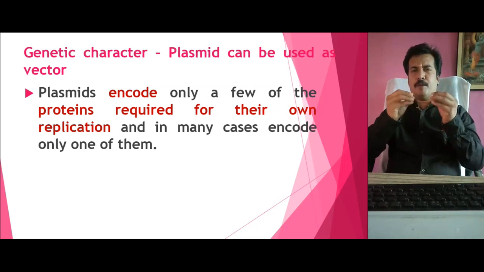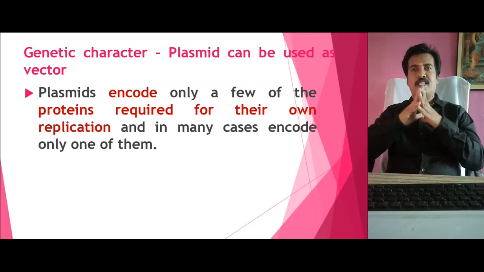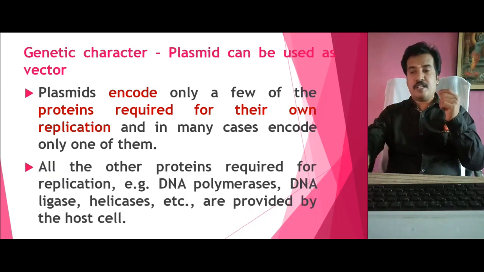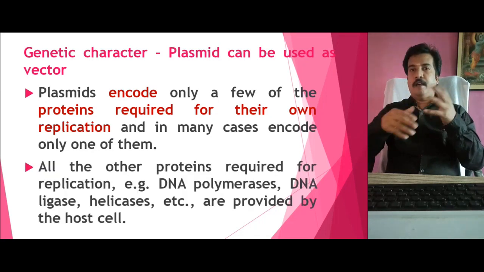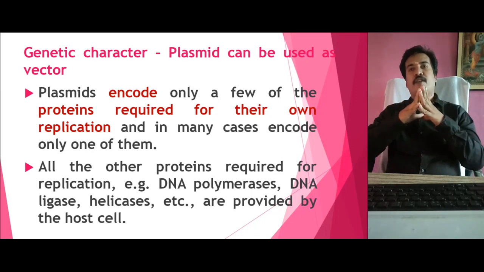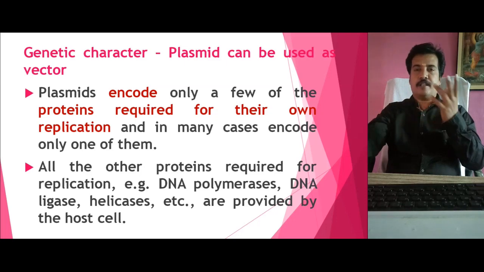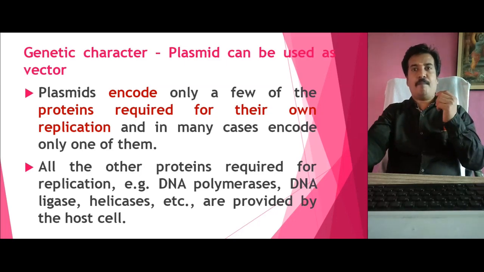In most cases, only one protein is responsible for the origin of replication, whereas the replication enzymes are generally acquired from the genomic DNA of the host cell, like DNA polymerase, DNA ligase and helicase. They are not synthesized from the plasmid genetic code itself.